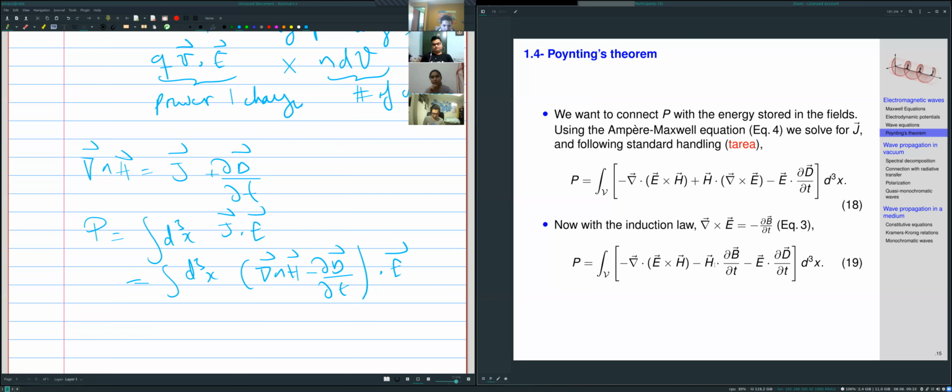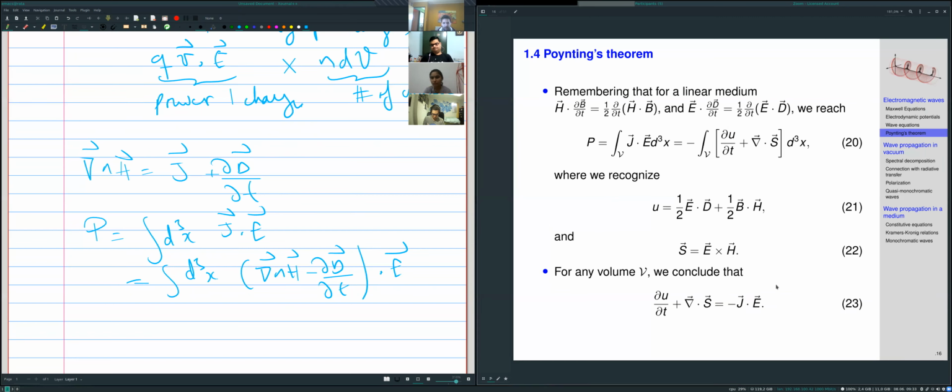And this term, H dot time derivative of B, for a linear medium, is like the derivative of B squared. And we have here something very similar, E dot time derivative of D. For a linear medium, this also would be the time derivative of E squared.